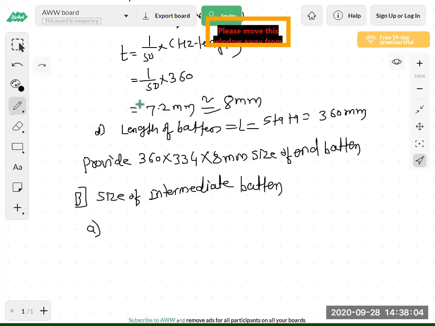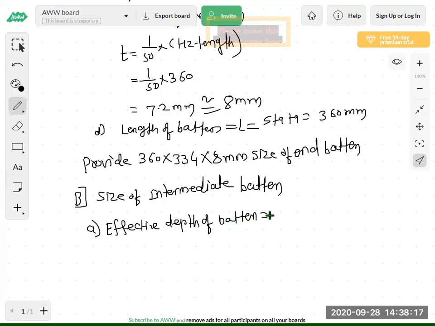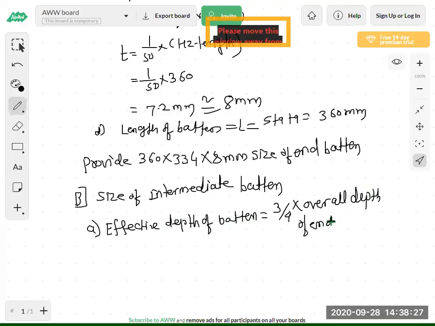The same way we calculated above for the end batten, we calculate here, only a few formulas change. Effective depth of intermediate batten. So what is the formula? 3/4 into overall depth of end batten. So this is the formula.